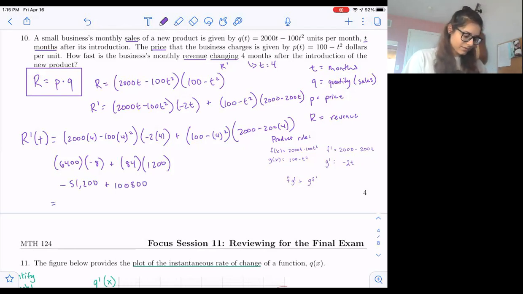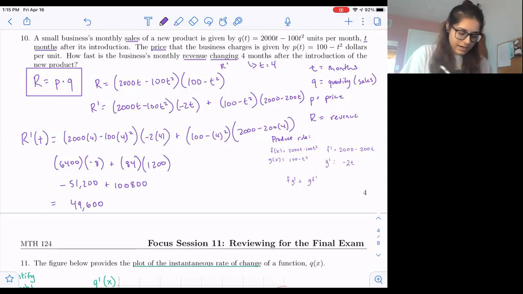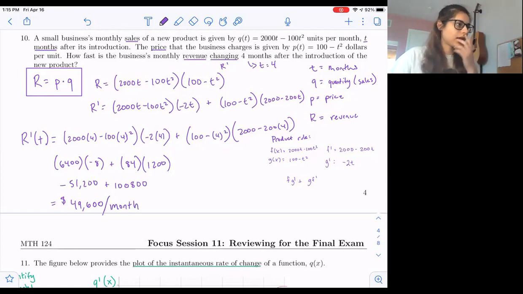And so that is equal to 49,600. And so that is how the revenue is changing 4 months after. So that will be dollars per month, because sales is being given in units per month.